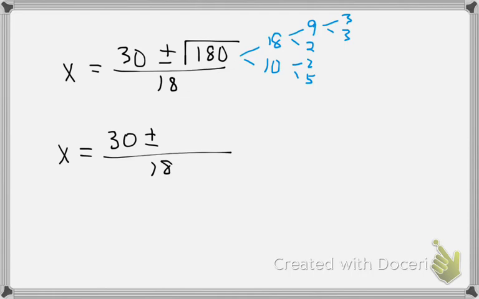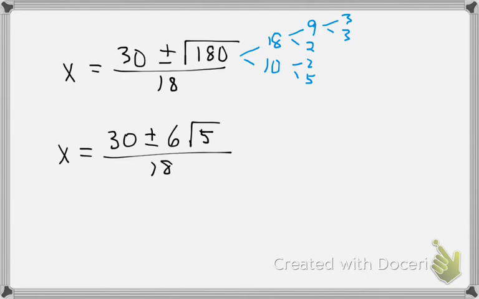So what can I bring outside of that square root? I can bring out a 2 and a 3, so 6, and then left under the square root is just a 5. Is that okay? So 30 plus or minus 6 square root of 5 over 18. Can I factor? Is there a common factor here?